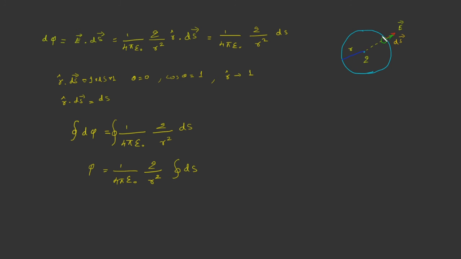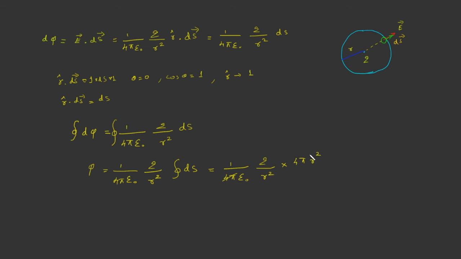We know ds is a small element on the surface of the sphere. So, if we are finding a closed integral of ds, we are getting surface area of a sphere. So, this equation becomes 1 by 4 pi epsilon 0 into Q by r square into surface area of a sphere. And we know surface area of a sphere with radius r is 4 pi r square.